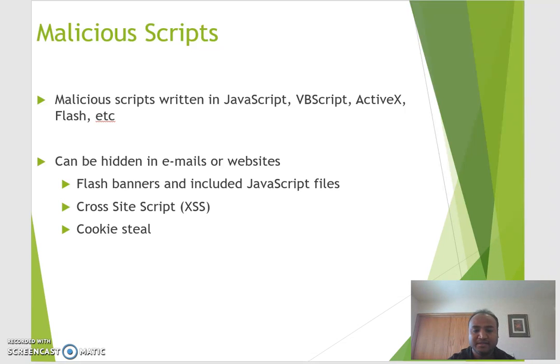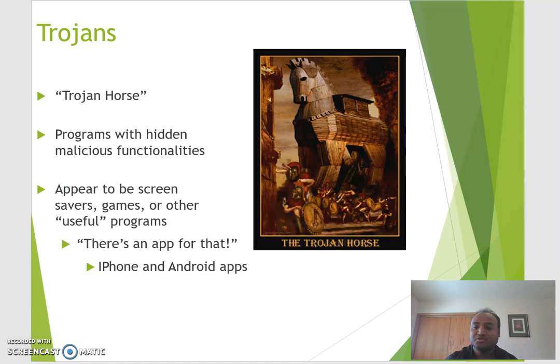The next thing we're going to talk about is Trojan viruses. It is also known as a Trojan horse, and this could be really hard to find because these are programs with hidden malicious functionalities.